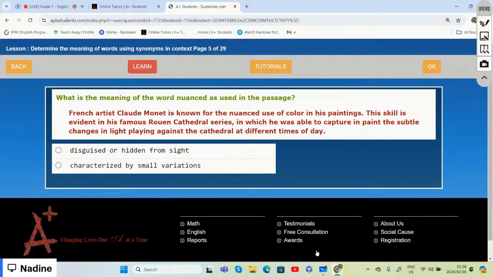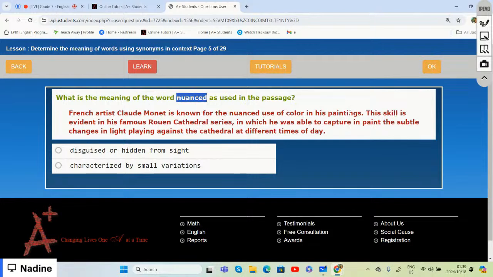If we look at the next one, it says, what is the meaning of the word nuanced as used in the passage? We need to see what is the meaning of the word nuance as used in the passage. It says, French artist Claude Monet is known for the nuanced use of color in his paintings.